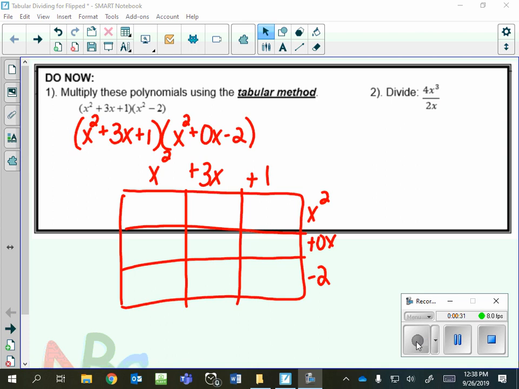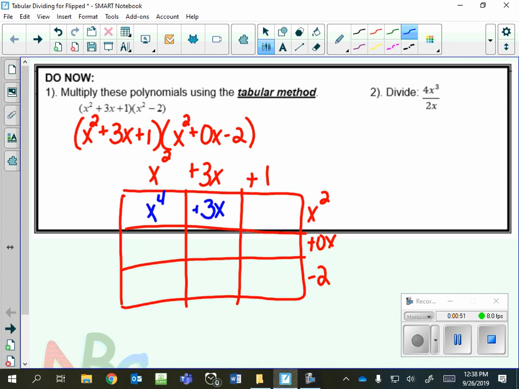So I set up my polynomials with a placeholder in that second polynomial because it was missing the x term. So instead of x squared minus 2, it should say x squared plus 0x minus 2. So when I go to use the tabular method, I'm going to have a 3 by 3 box. My first row should say x to the fourth plus 3x to the third plus 1x squared.